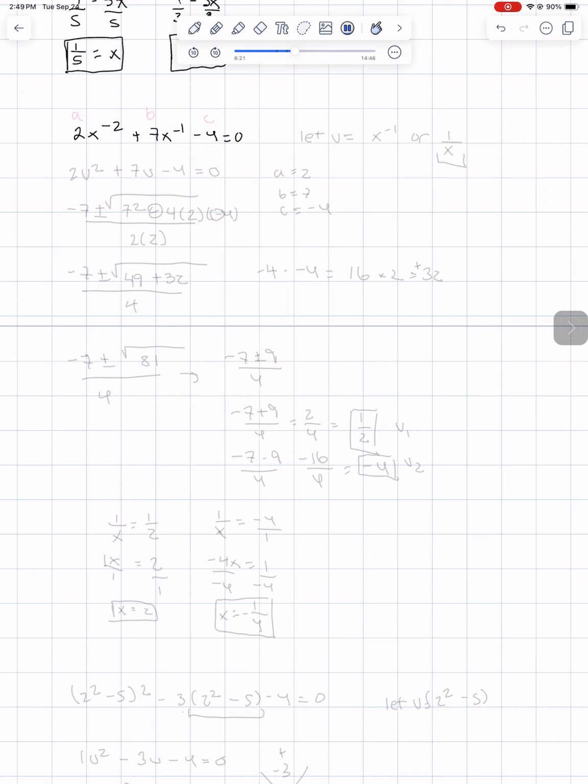So again, I'm going to let u equal x to the minus 1, or 1 over x. Same thing again.